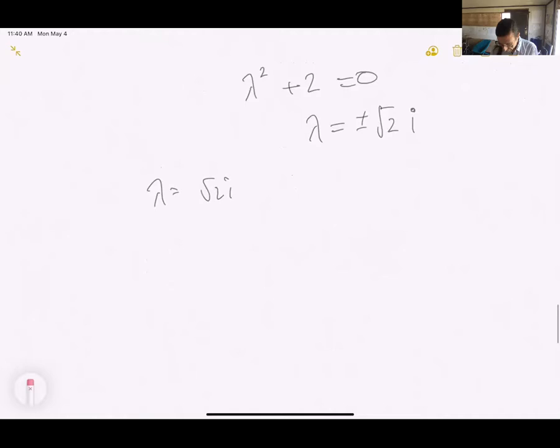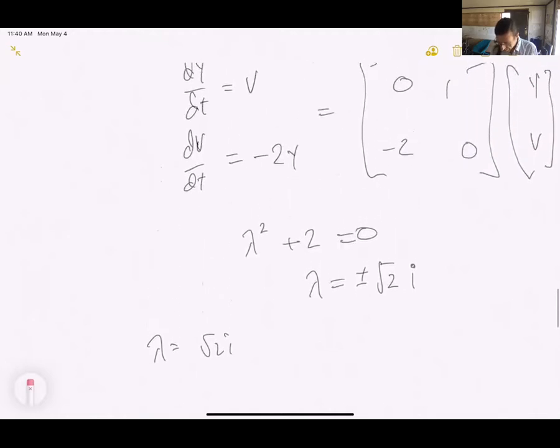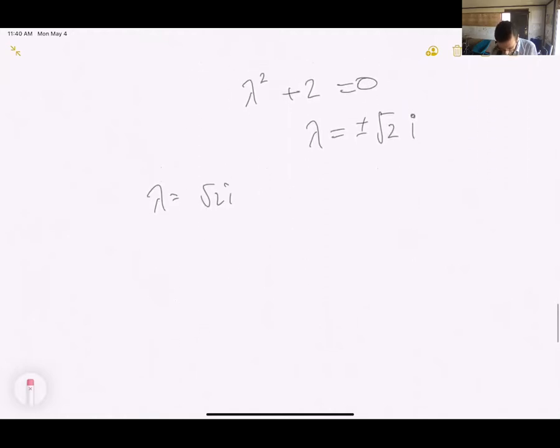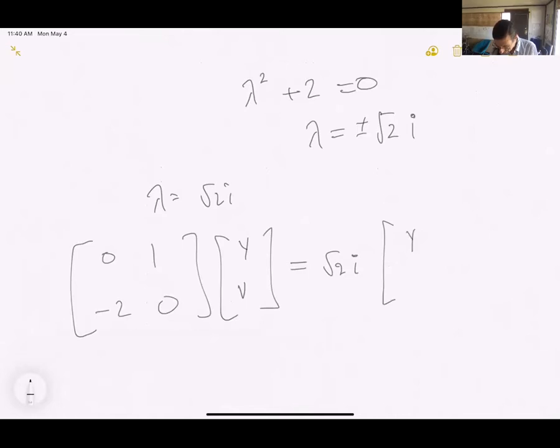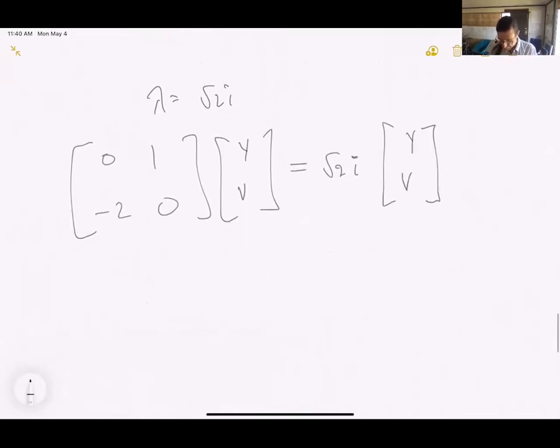So let's pick the eigenvalue root 2i, and we have this matrix 0, 1, minus 2, 0. It's an easy matrix. The matrix times (y, v) should equal root 2i times (y, v). That gives us two equations. We have v equals root 2i y, and we also get minus 2y equals root 2i v.